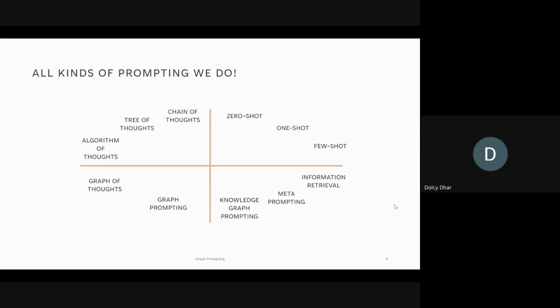Now, what is your use case? Do you want a combination of the inherent qualities of the LLM, or do you want to apply your own logic? Suppose right now we are building a product called CellBot at CellStrat, which we can see at the end of the session. There we want the LLM to assess whether it should do this step or not, whether it should take this decision or not.